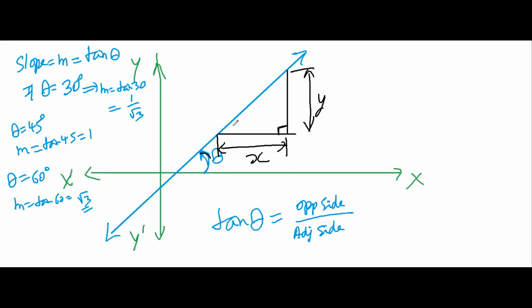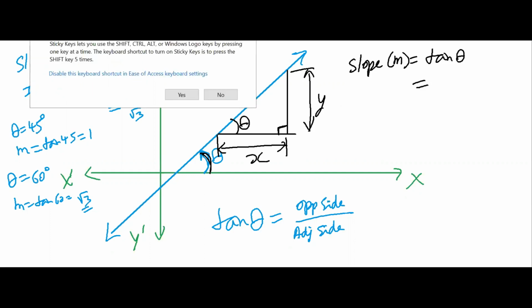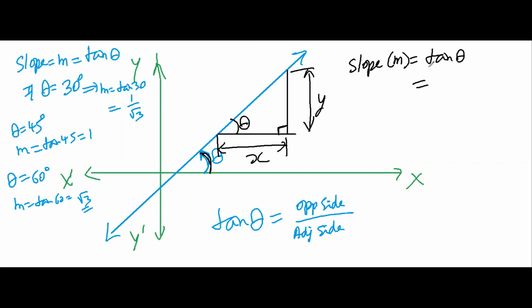And if this is theta, I will call this theta. Why? Corresponding angle. So when I say slope of this line, which is represented as m, I will call this tan theta.